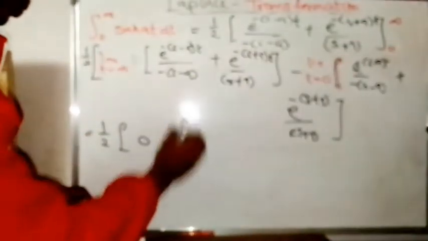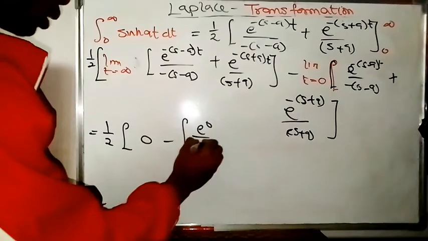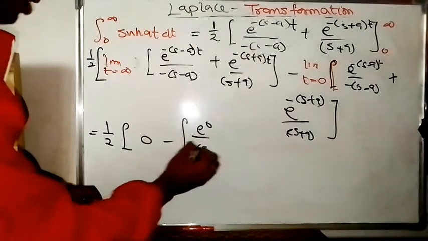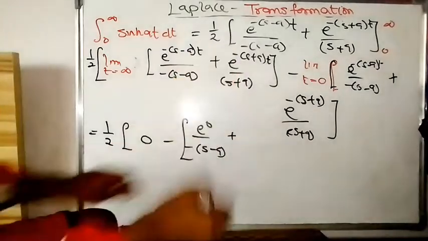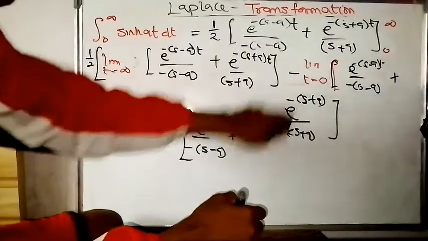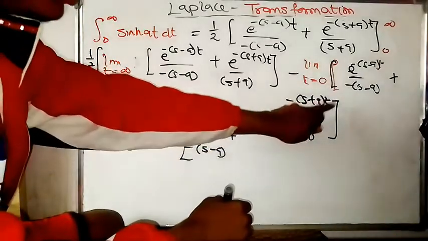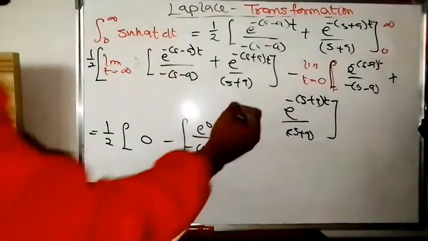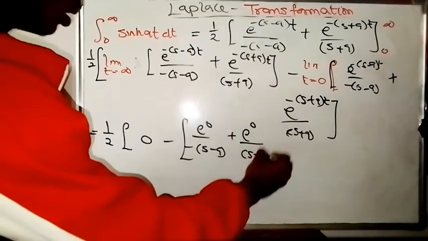So I'm having exponential 0 divided by minus s minus a, plus limit of this also, remember there's t here, so this is 0, right? 0 times this eventually becomes 0, so this is plus exponential 0 divided by s plus a.